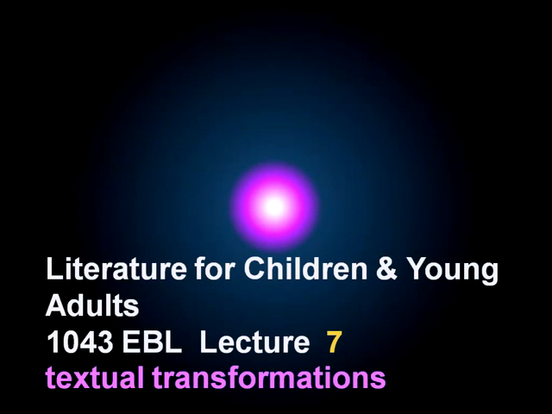So I'm going to effectively go through four points. First is, what is reader positioning? The second is, how does a text try to position a reader? The third is, how does the reader have any power to resist a text's positioning?